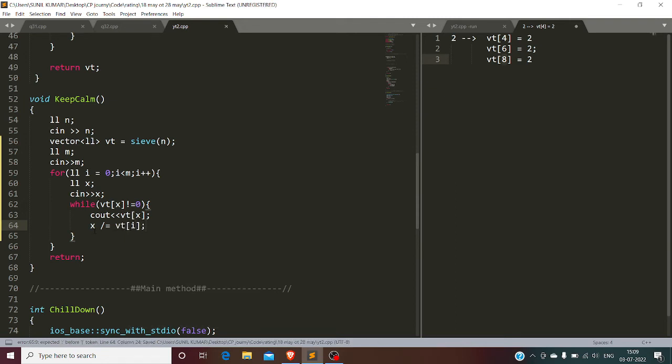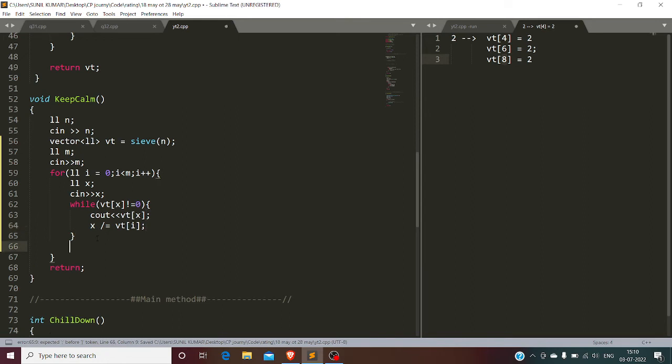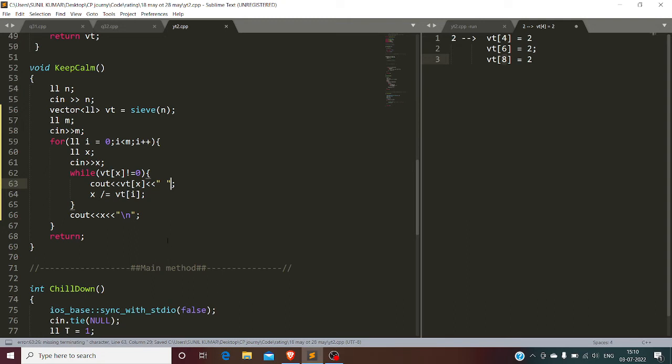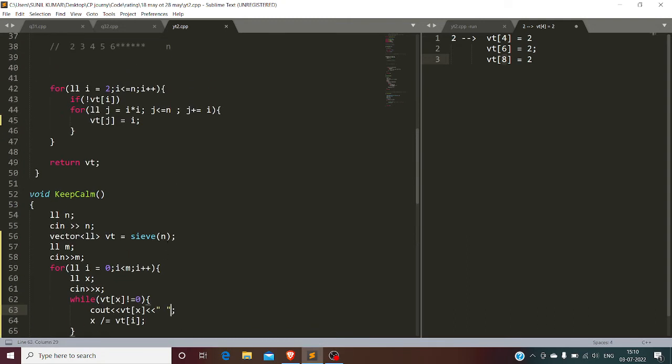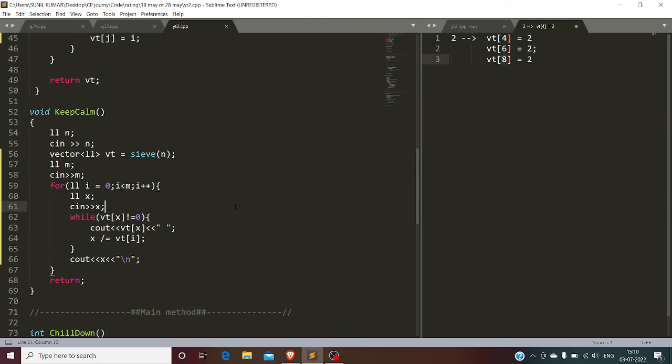Now x will be modified, and at the end, if x is a prime, it is a prime factor of its own, so we need to print that as well. And here we go. Let me give a space over here. I think we are all set. Let's run it.